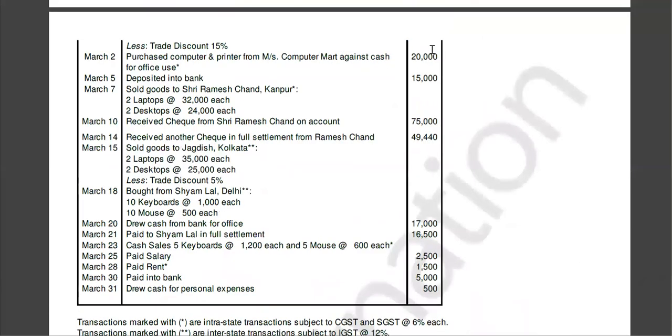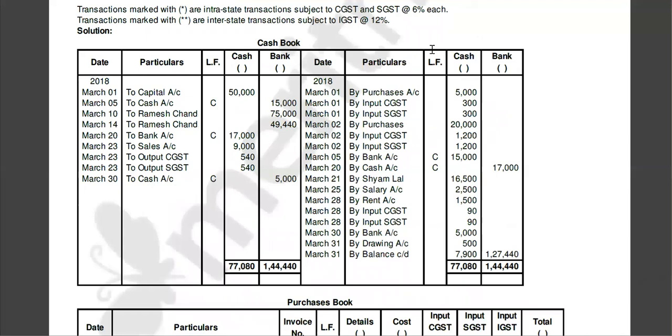Place your hand in the debit side particular column and write cash, because cash account is debit. Cash is the debit side. You just place your hand in the debit side and write capital 50,000.